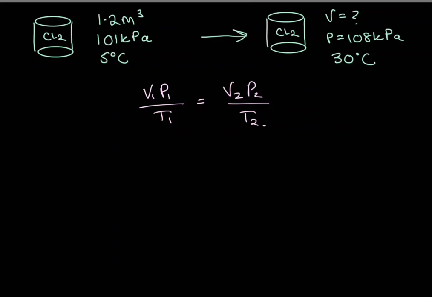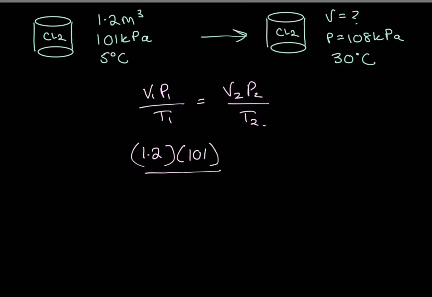The volume, 1.2 meters cubed. It's fine as long as the volume comes out as in meters cubed as well. Okay, make sure to keep the units the same. The pressure then, 101 kilopascals.